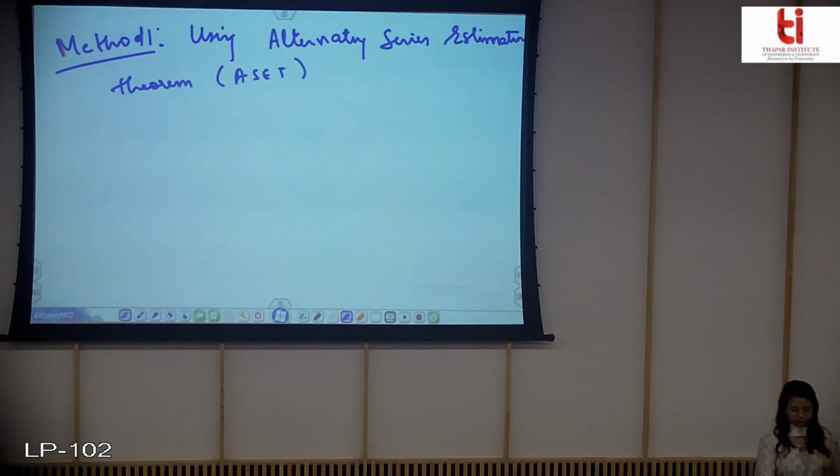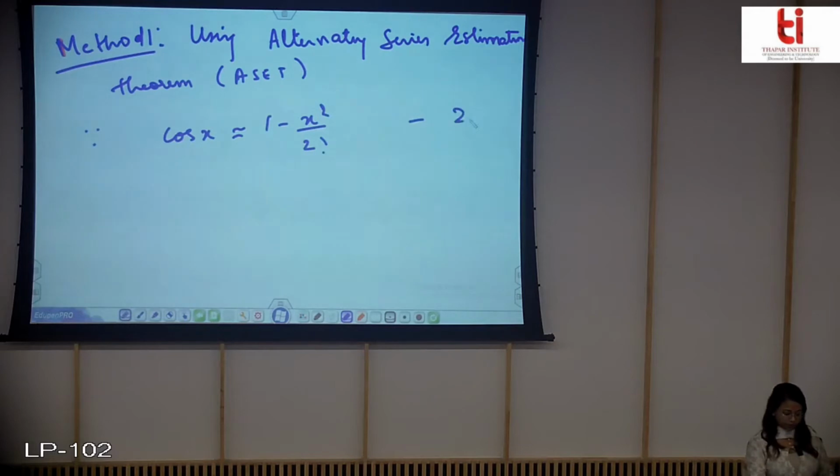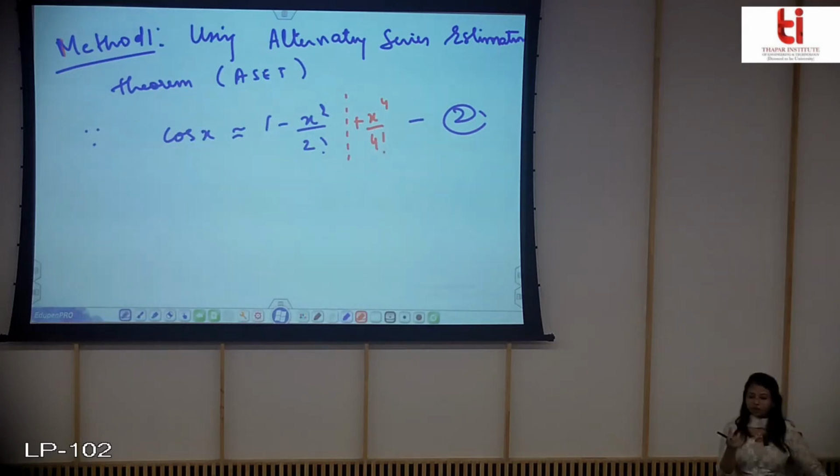Since we need to approximate cos x with only these two terms, what you have done in the alternating series estimation test is that the magnitude of the error is less than the first unused term.